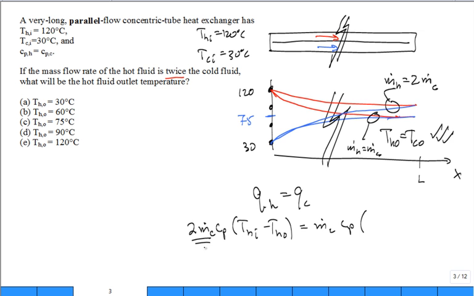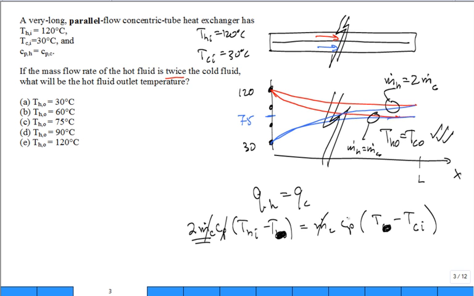I just substituted 2 times m dot c for m dot h there. And here you could even say, I'm just going to say that this is the outlet temperature, because they're both the same temperature. Hot out is equal to the cold out.